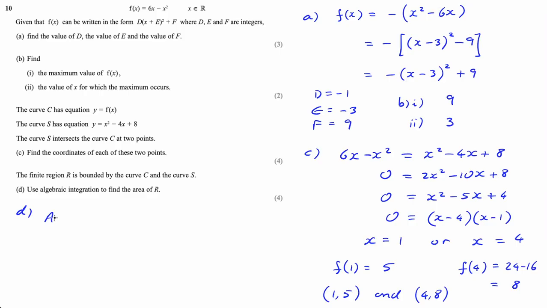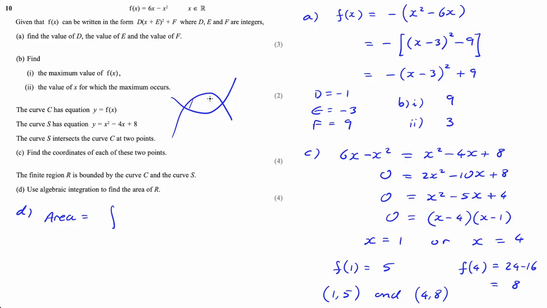Now the way we get it is we integrate. So this area is equal to the integral between the two curves. Now, to find the area between the two curves, guys, we do one minus the other. We want the one above minus this. So we want the negative quadratic minus the positive quadratic, because that will give us this area here.